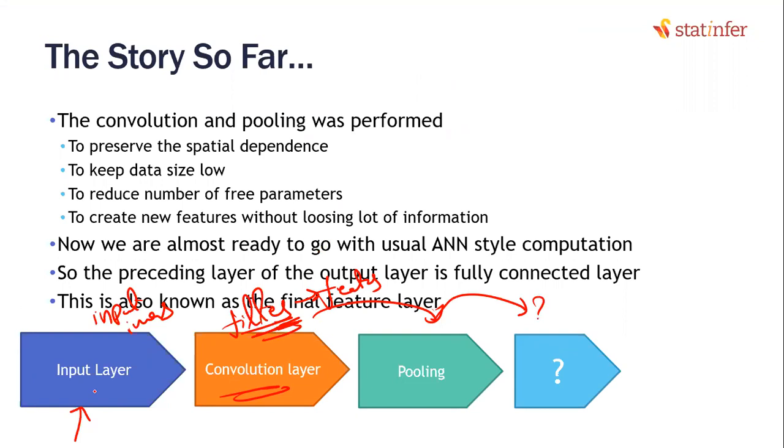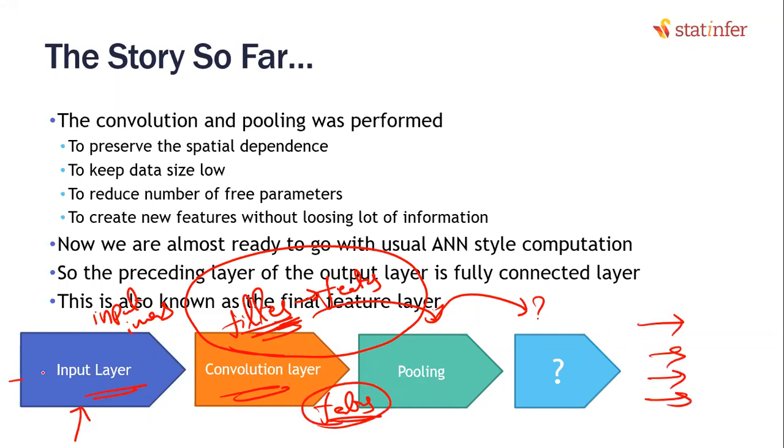Give me an idea. You have input images. You detected all the features now in each of the images. Finally, at the end of the day, you have to do the classification. Now you have the features. Instead of taking the input data, now I have the features. For doing the classification, usually what do we use? We use an ANN.